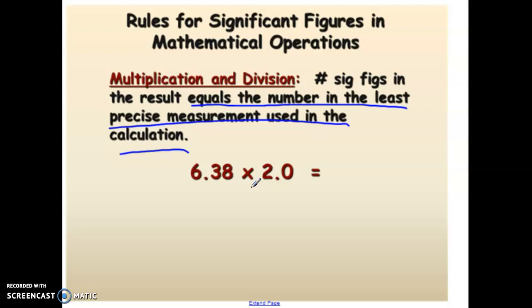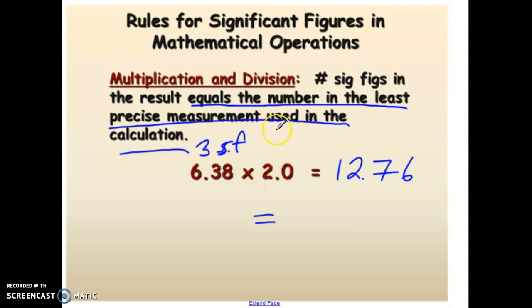So let's do 6.38 times 2. So the answer you get in your calculator is 12.76. So we have to report this to the proper number of significant digits. So let's take a look. This first one, 6.38, is 3 significant figures, right? Because they're non-zeros.